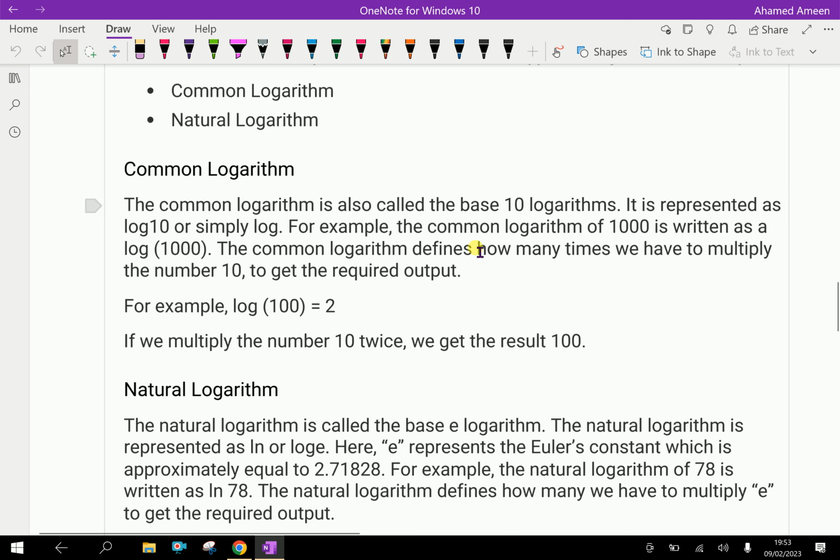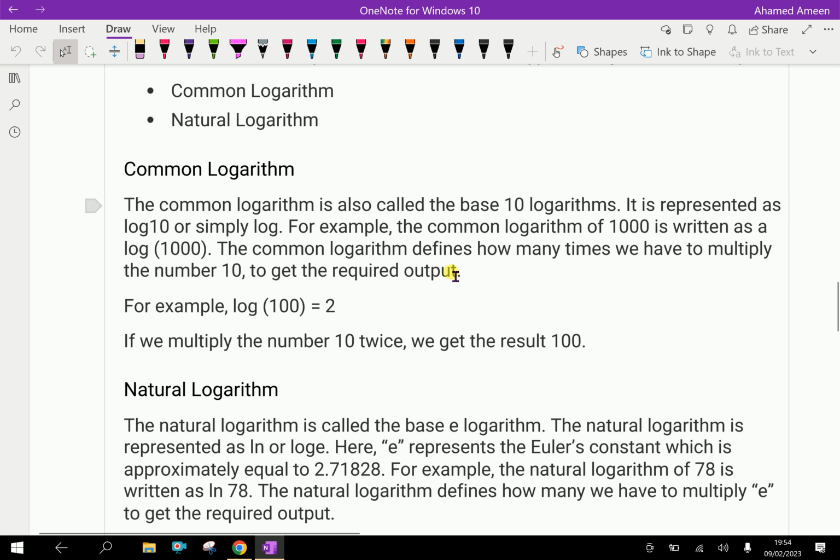It is represented as log 10 or simply log. For example, the common logarithm of 1000 is written as log of 1000, where base 10 is hidden.